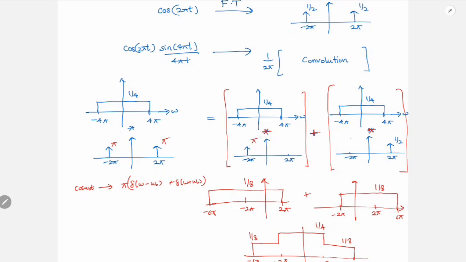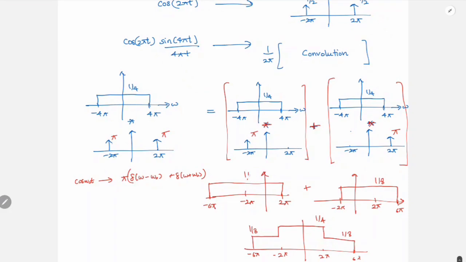So this is going to be pi, pi. This is 1 by 4 pi, this is also 1 by 4 pi, and this is going to be 1 by 2 pi or pi by 2. This is pi by 4 actually. So these are pi by 4.